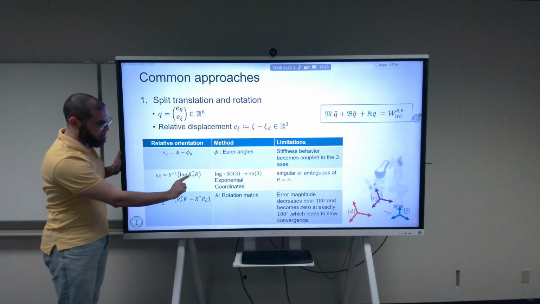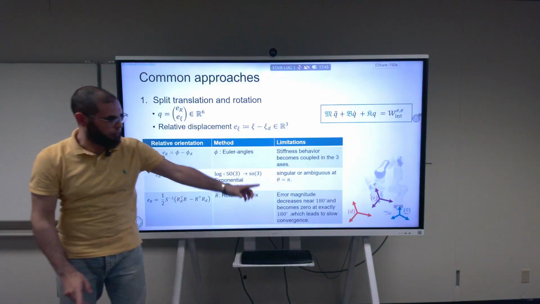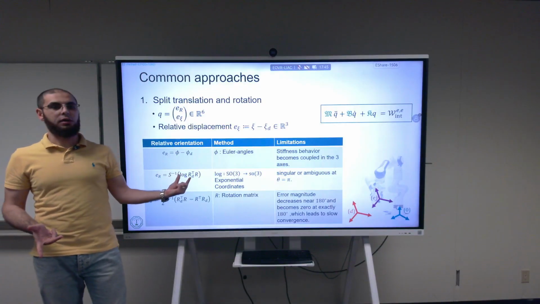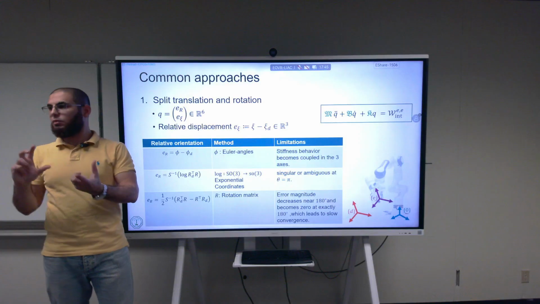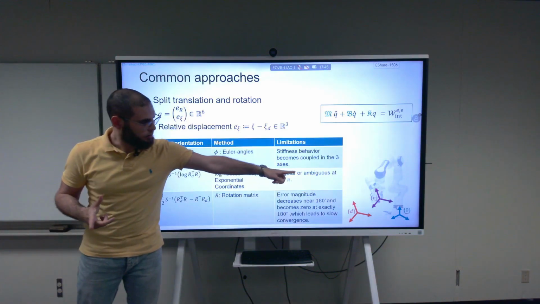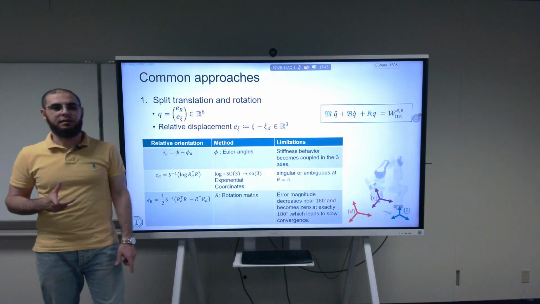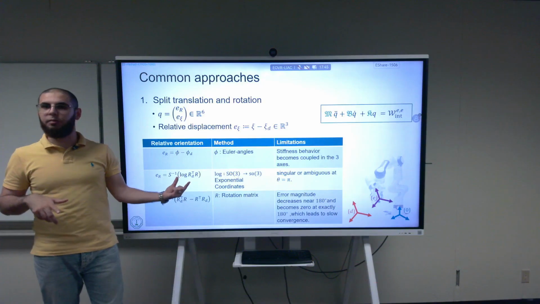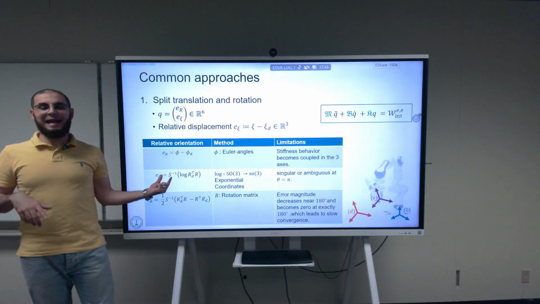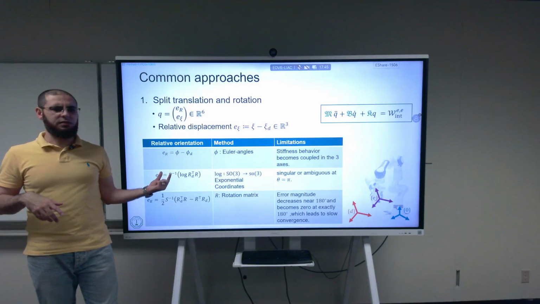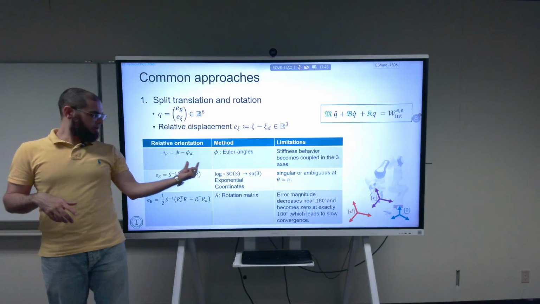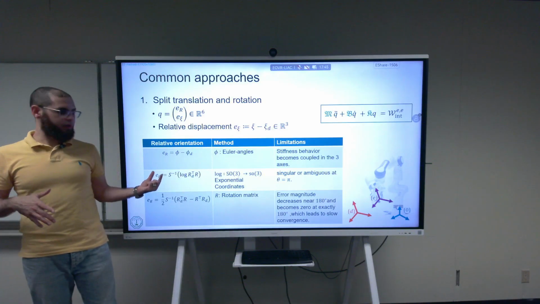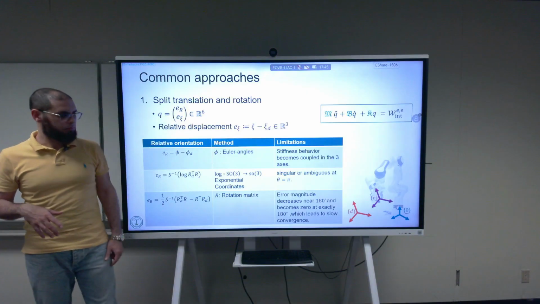So if I know that the relative orientation between the two frames is R desired transpose R, and I take the log, I'm going to get an error-like variable between the end effector frame and the desired frame. Of course, this is a log in SO3, so I only get the rotational part. And then what does the S inverse do? It converts it from a skew symmetric matrix to three numbers, to an R3 vector. And this is ER.